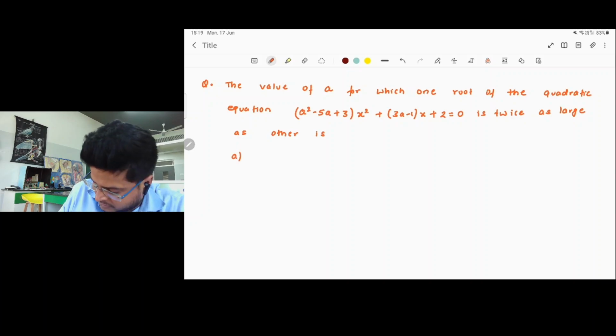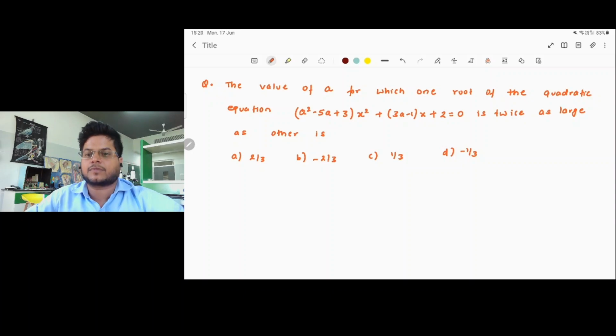Your options are 2 by 3. Second option is minus 2 by 3. Third option is 1 by 3. And fourth option is minus 1 by 3.